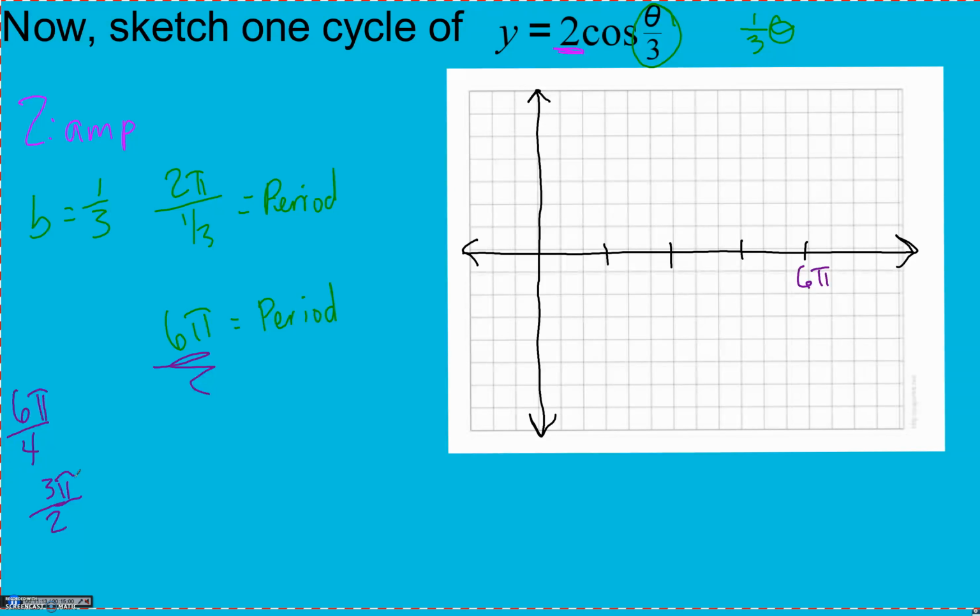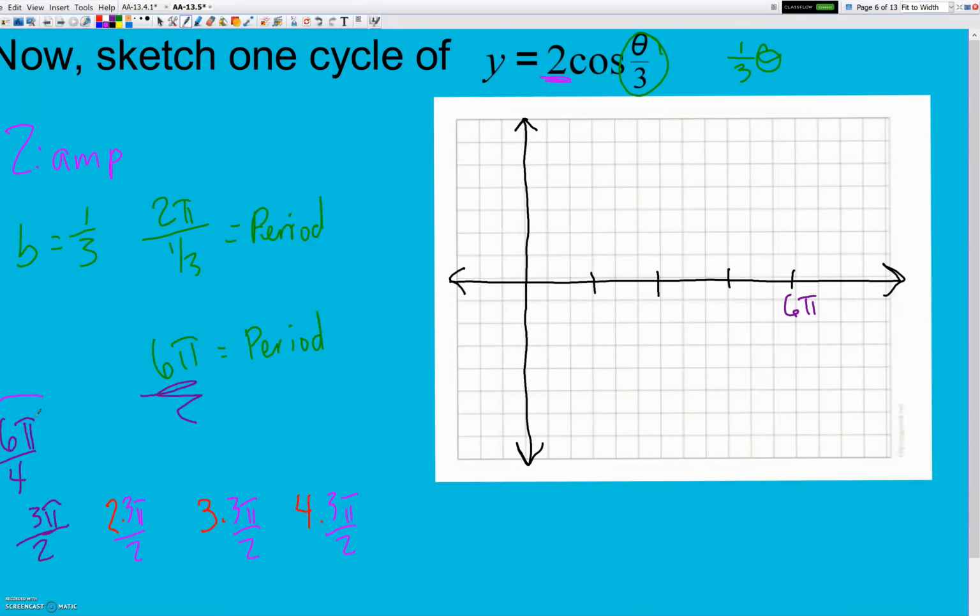It's kind of like a label in that it's 3/2 pi. 3 pi over 2. Okay, that's my first one. My second one is 2 times. My third one is 3 times. My fourth one is 4 times my 3 pi over 2.